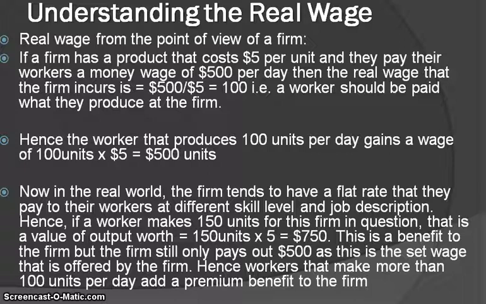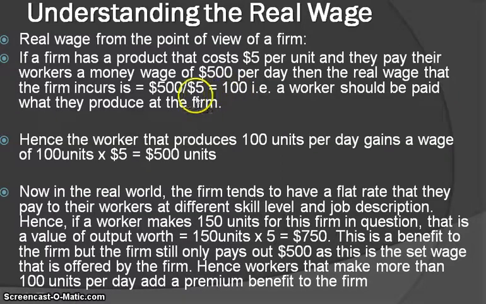Let's look at how the firm sees the real wage. If a firm has a product that costs $5 per unit and they pay their workers a money wage of $500 per day, then the real wage that it costs the firm would be the $500 money wage divided by $5, which is the price of the units that the firm is producing. 500 divided by 5 equals 100 units.